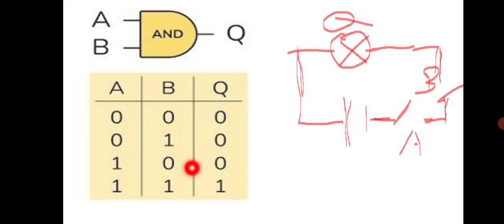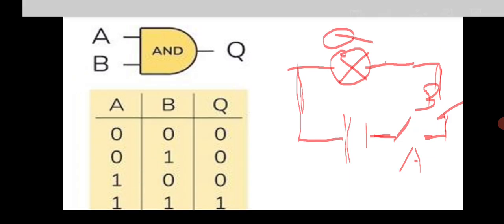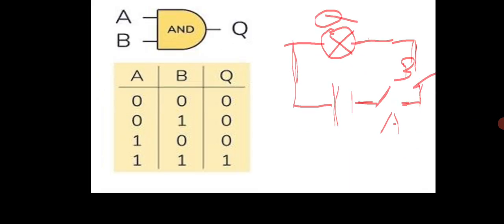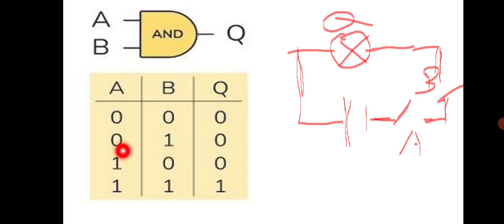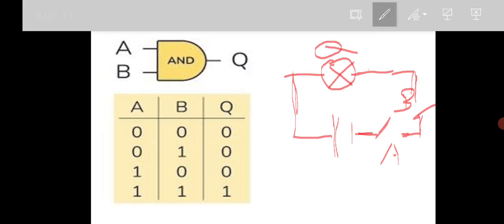The only situation where the bulb is going to give light, 1, is when both A and B are closed. A is 1, B is 1. Both switches are closed. Therefore, we are going to have a bulb which is producing light. So this is closed, then we have light on the bulb.